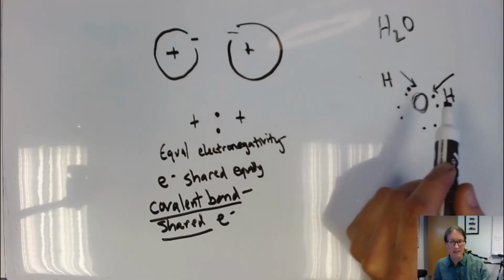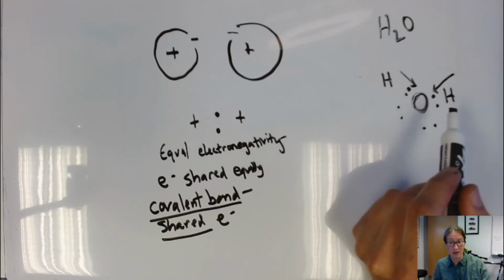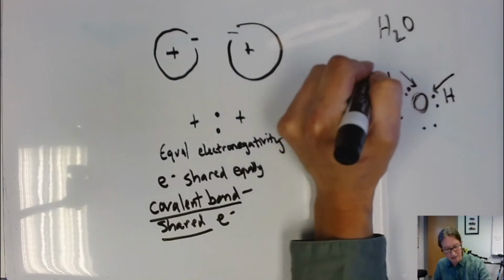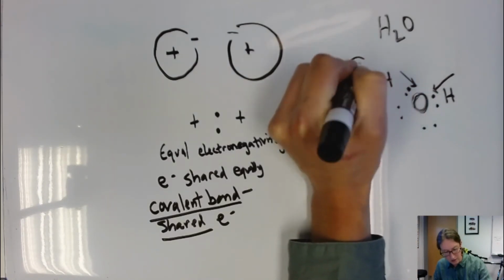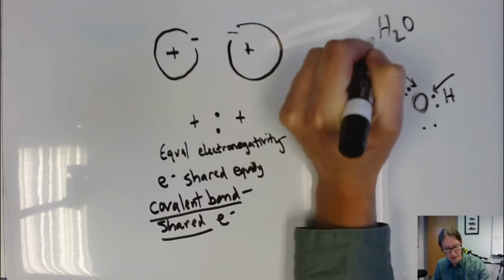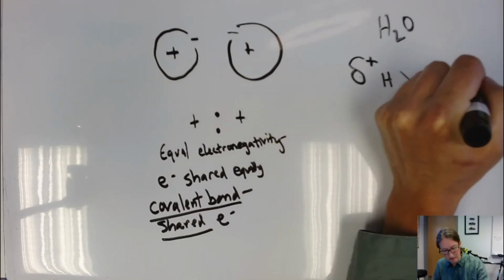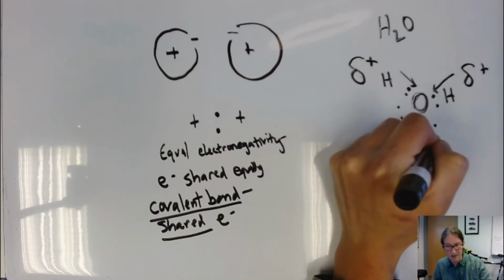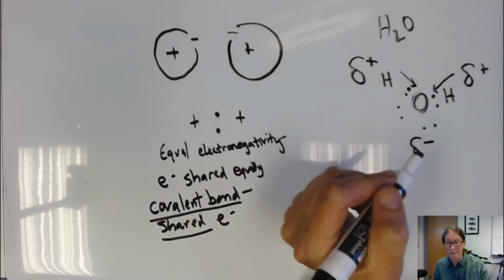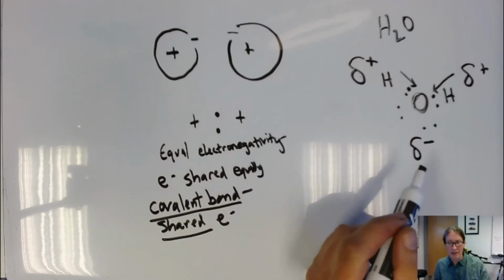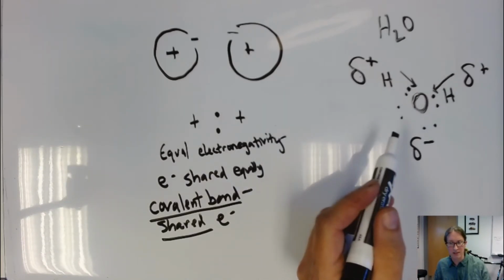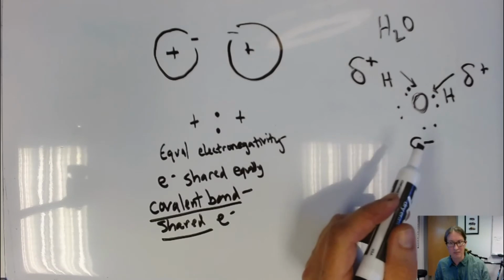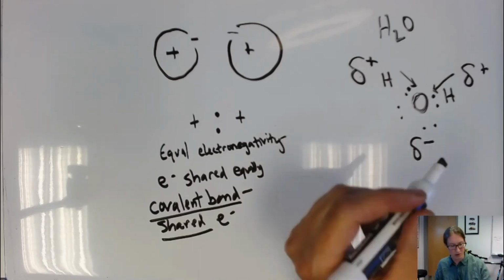And we symbolize that there are partial charges by using a lowercase delta symbol, like so. It's going to be delta positive, and by the oxygen we're going to say delta negative. And so when there's a partial charge present, we're going to refer to the resulting molecule as being a polar molecule.